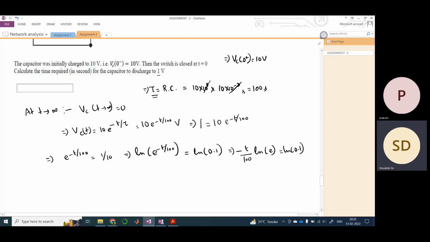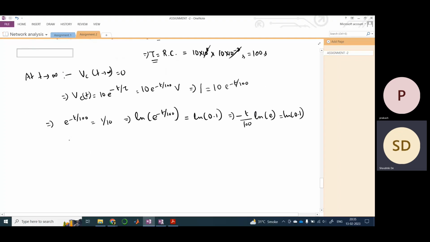These are basic logarithmic properties. Ln of e is 1, as we know, so this would be minus t by 100, and ln of 0.1 is approximately minus 2.3026. So the minus signs cancel, and at the end you will have 230.26 seconds.